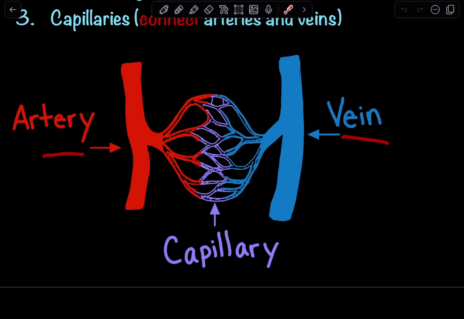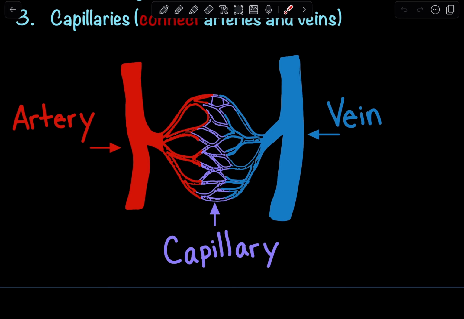Now, something really important we need to understand, which is a misconception within biology, is that veins are actually blue. Blood is not actually blue. So a vein is carrying deoxygenated blood. Deoxygenated blood is not blue.